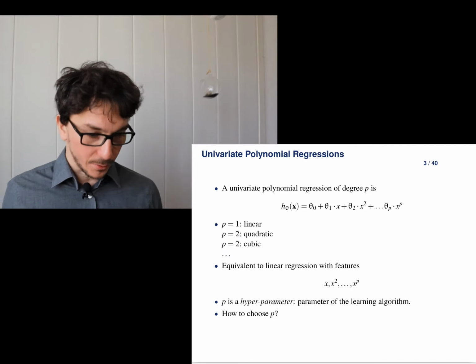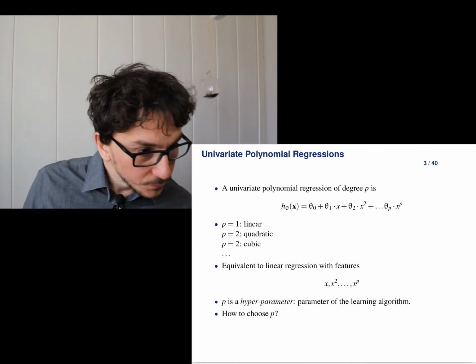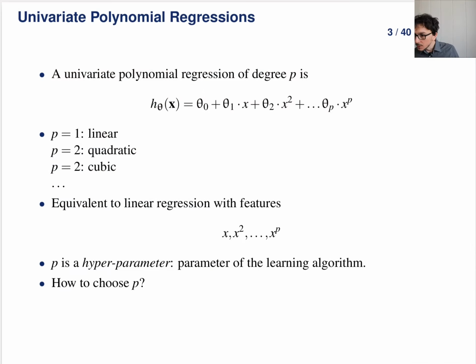What is a polynomial regression? Well, let me change the scene. A univariate polynomial regression, so we are looking here at just one feature, this x, is a model that looks like this one.